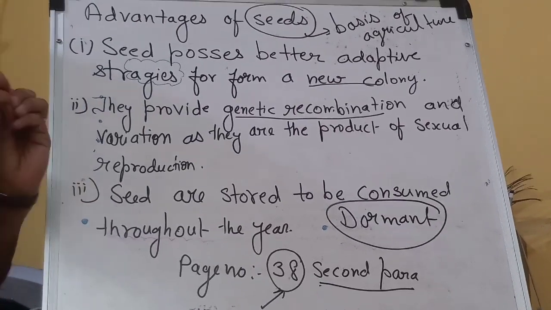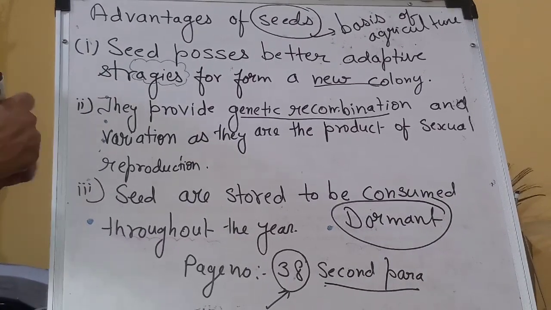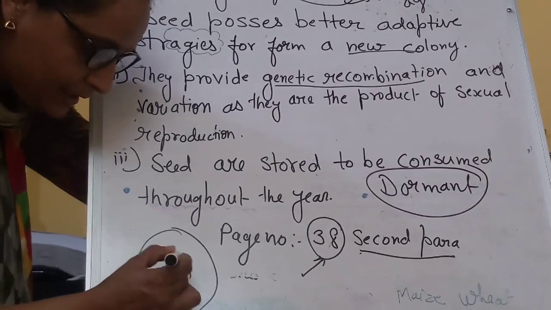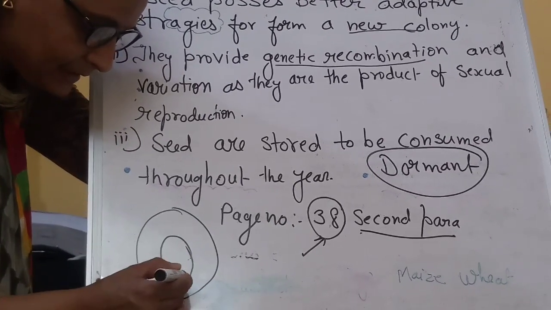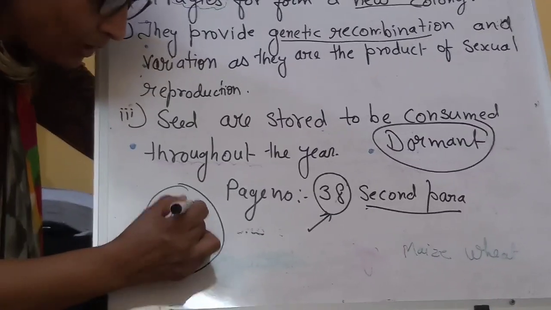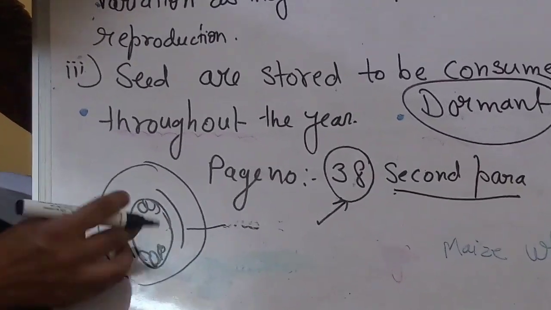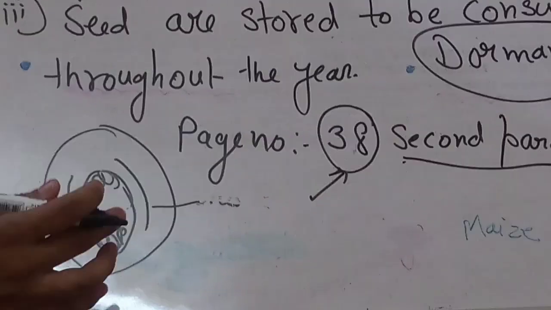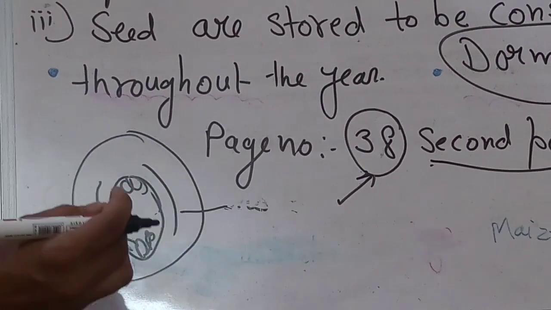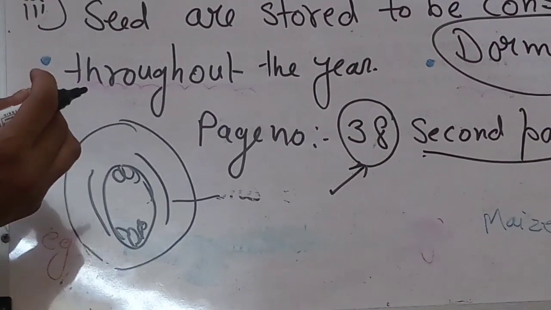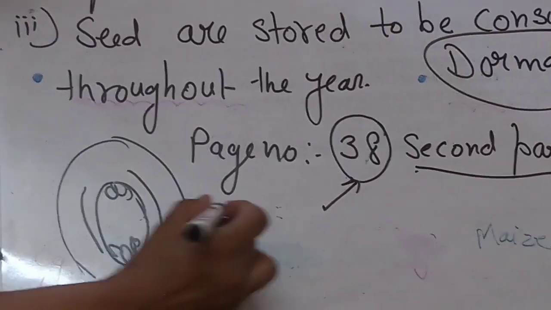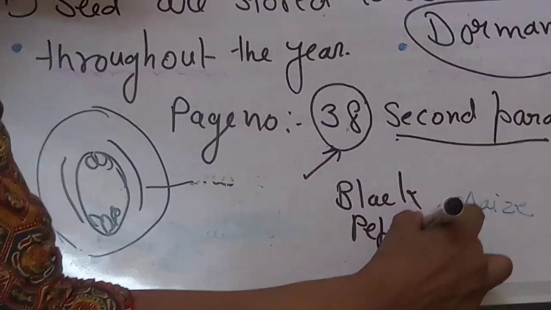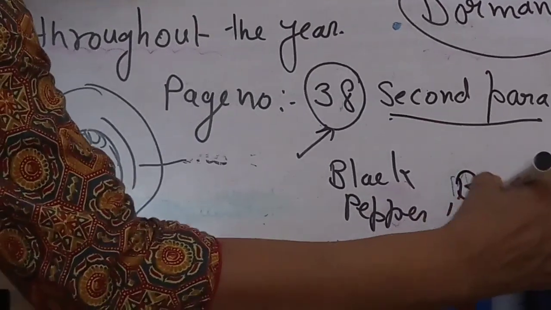This is the anatropous ovule you studied, and here is the embryo sac with the cells. Slowly all the remaining tissues degenerate and dissolve. But some seeds, like beet and black pepper, are exceptions. Please remember this example, black pepper and beet.